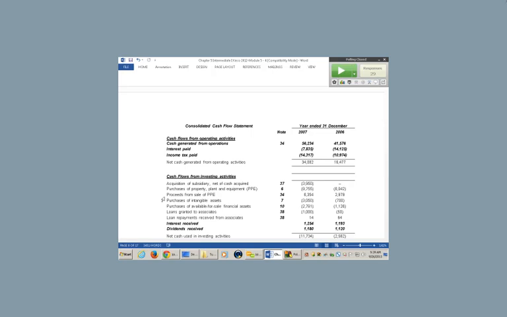That is an absolute clean number of operating cash flow. That is cash before interest, dividends, taxes, and everything. It's an absolutely perfect definition.